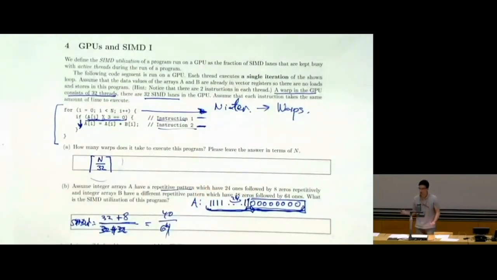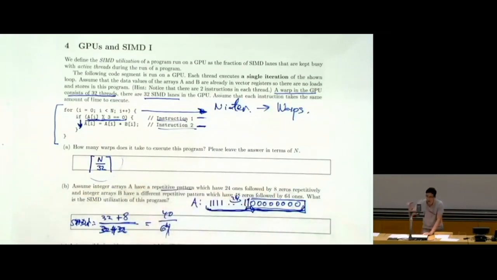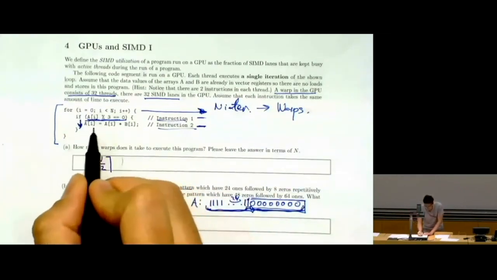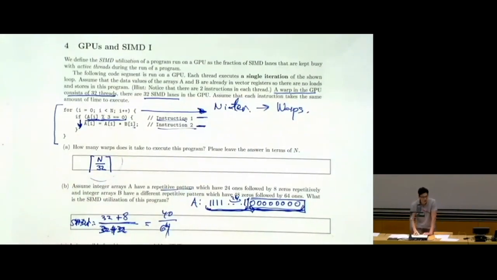There are two possibilities here if we want to have 100% SIMD utilization. The first possibility is that all threads in each warp execute instruction 1 and then they go into the body of the if statement and they execute instruction 2. The other possibility is that all the threads in the warp execute instruction 1, but they don't execute instruction 2 because this if condition is not true for any of them.